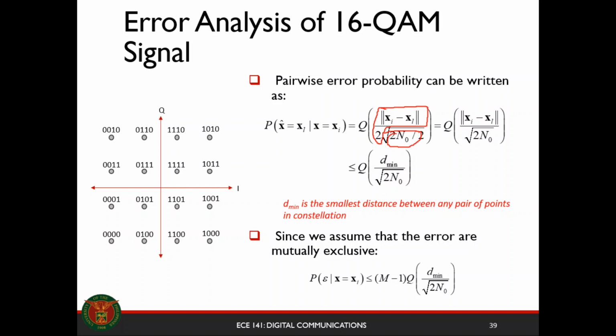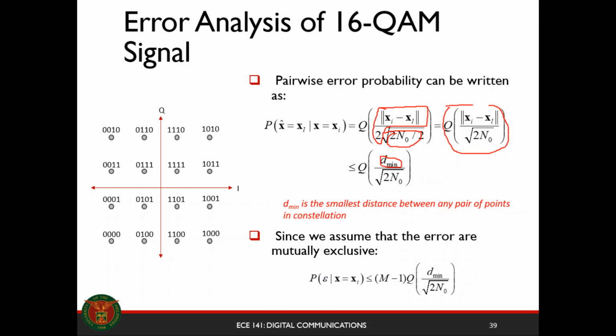You simplify that and you get this expression for the probability of error, which is less than or equal to your minimum distance divided by the square root of 2 n sub o.